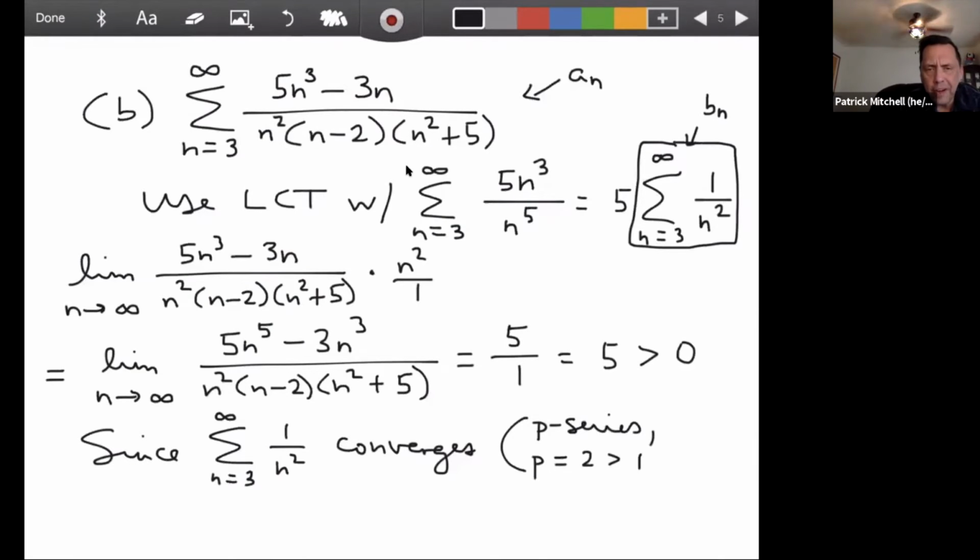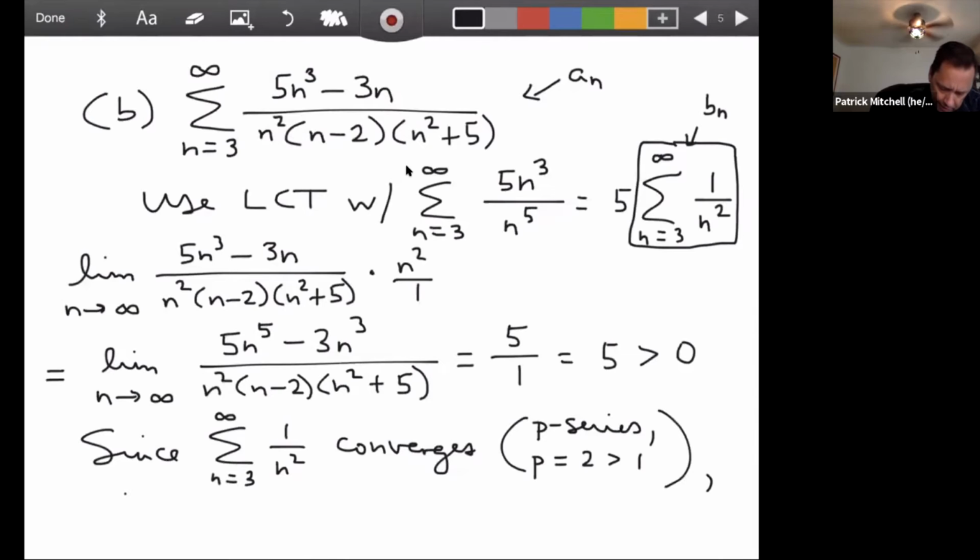I believe at the very end of section 10.2, we talked about the fact that leaving out a finite number of terms does not affect whether the series converges or not. So normally we start a p-series at n equals 1, but that doesn't matter. I'm just leaving out the first 2 terms.